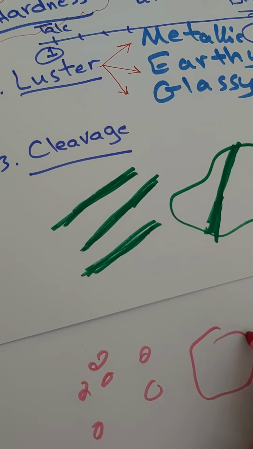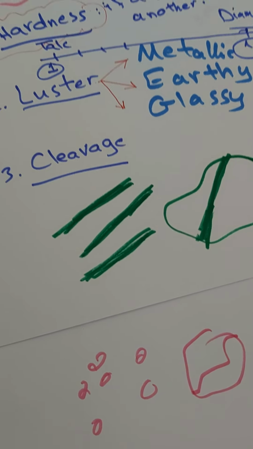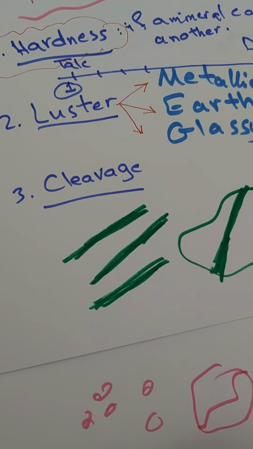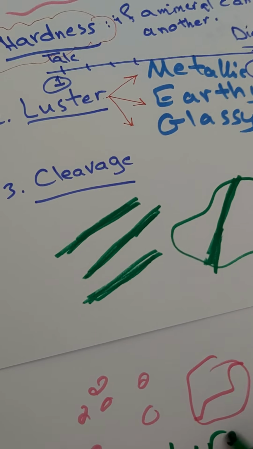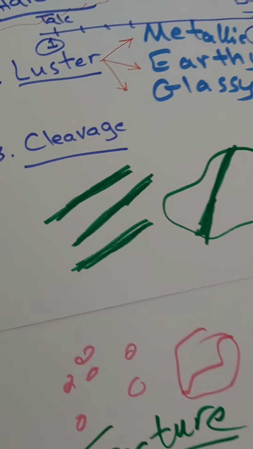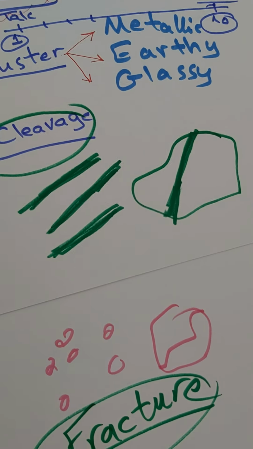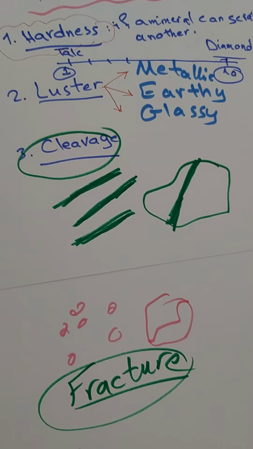They will not be straight. Okay? This we call what? Fracture. So some minerals have the cleavage property and others have the fracture property.